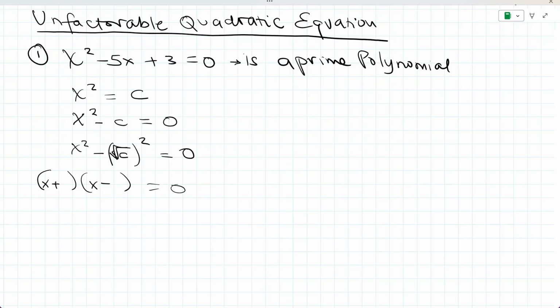And here we are with root c squared. So that means we'll have minus root c, and here we'll have positive root c.